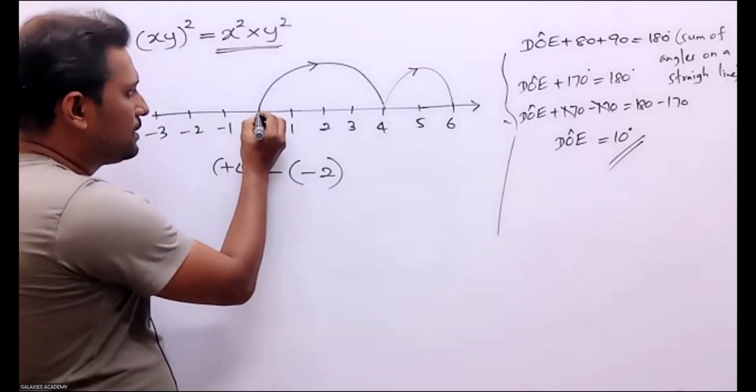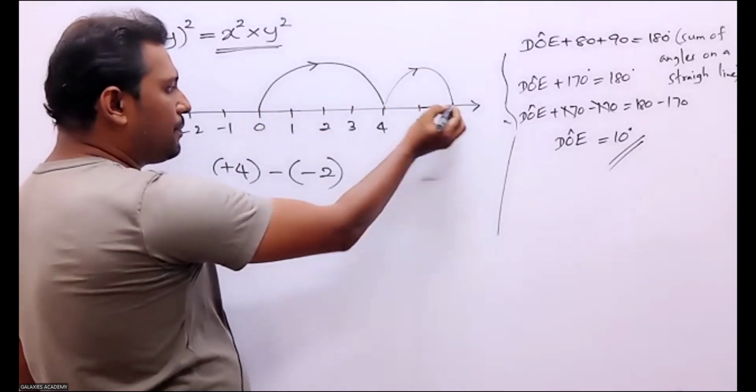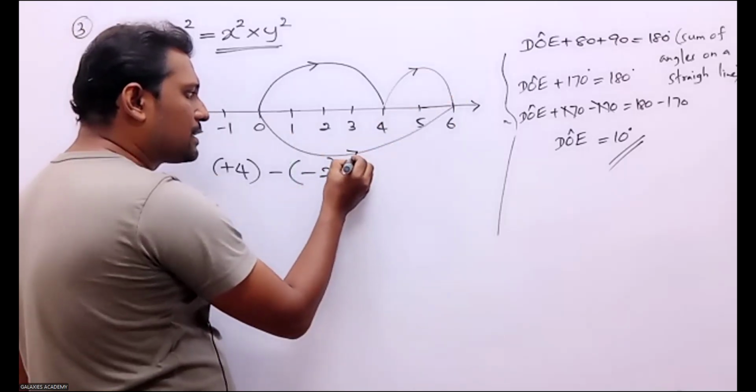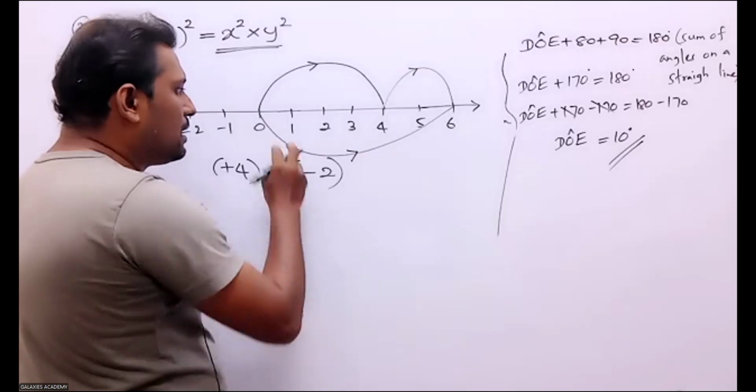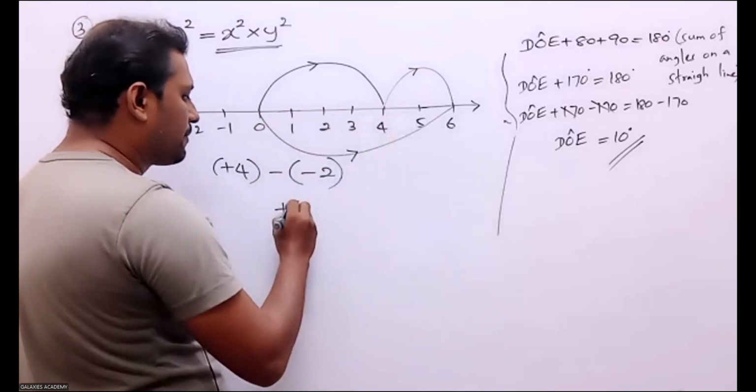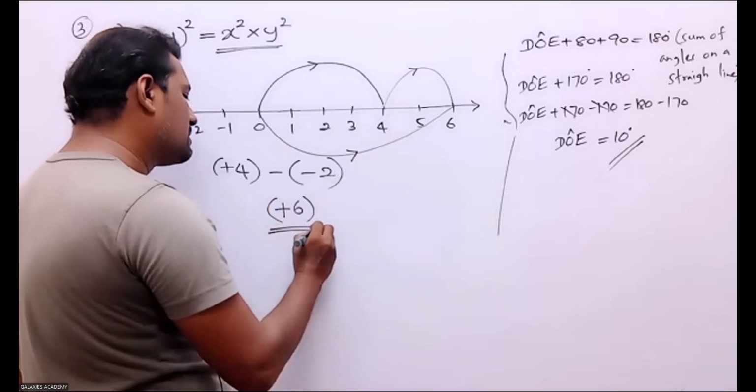Right? This is the starting point. This is the ending point. Then you join them. This is the moving direction. That means the positive direction. How many places? 1, 2, 3, 4, 5, 6. So what is the answer? +6.